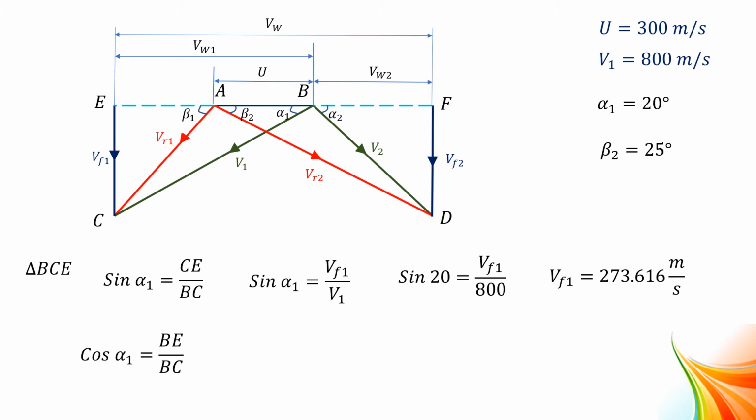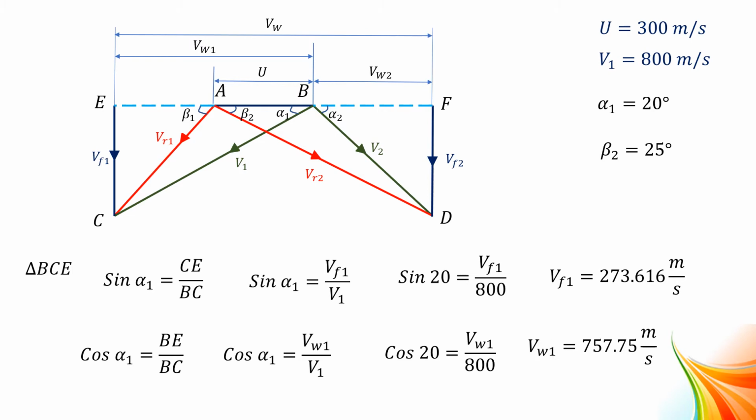Then take cos alpha 1 equal to adjacent side divided by hypotenuse. Cos alpha 1 equal to VW1 by V1. Substituting the values of V1 and alpha 1, we get VW1 equal to 757.75 meters per second.